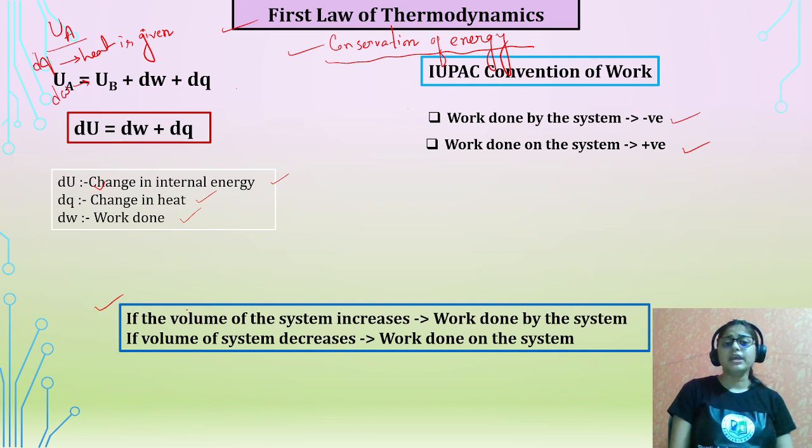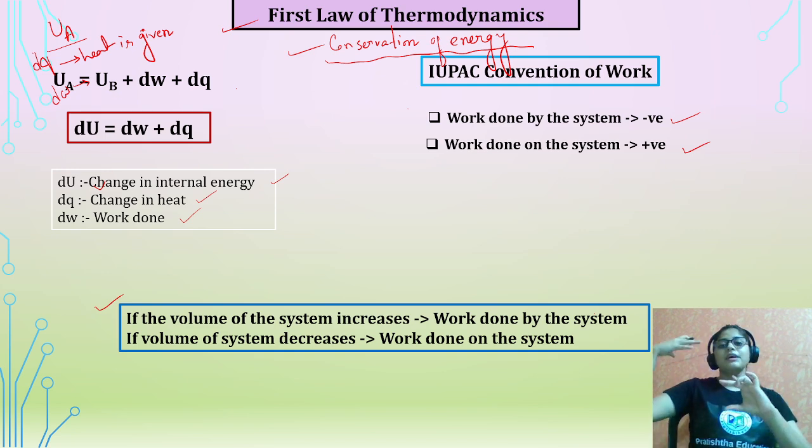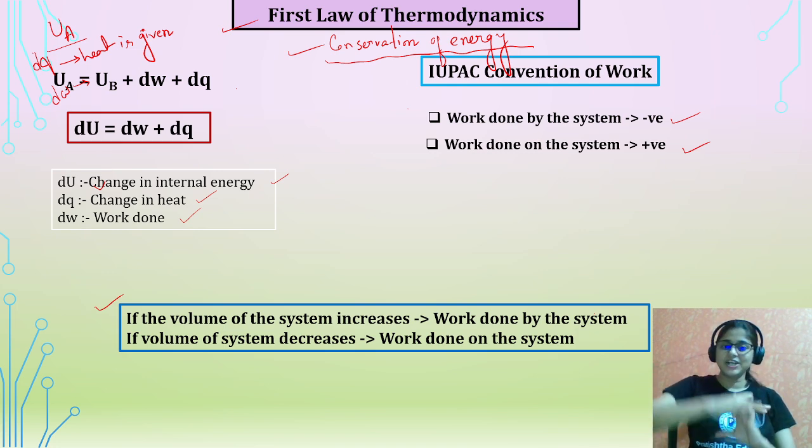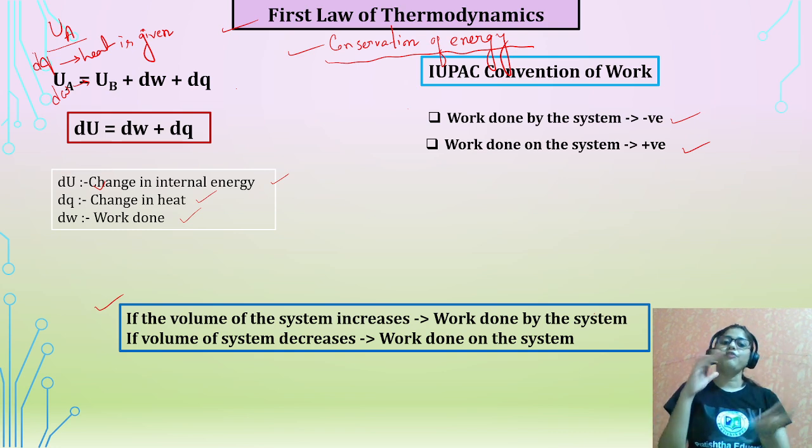If the volume of the system increases, we say work done by the system. If the volume of the system decreases, work is done on the system. So remember that work done on the system means the surroundings are doing work on it. Let's say pressure is given, so volume is decreasing. You can remember it that way.